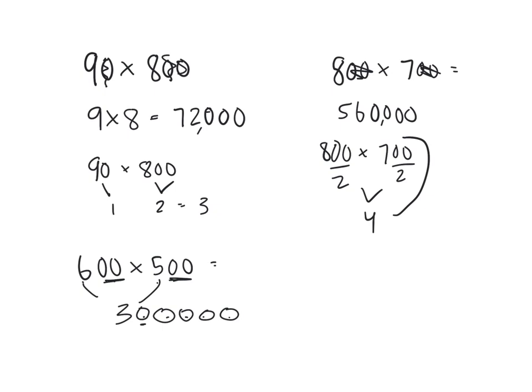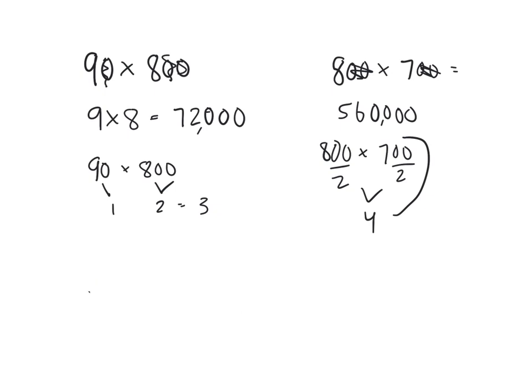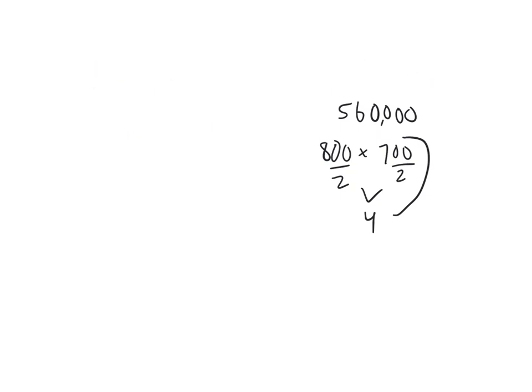Okay, when I'm dividing with zeros, I have to take zeros away because my number needs to get smaller. So we're going to kind of follow the same process. So if I had 8,400 divided by, I'm going to go with 70.